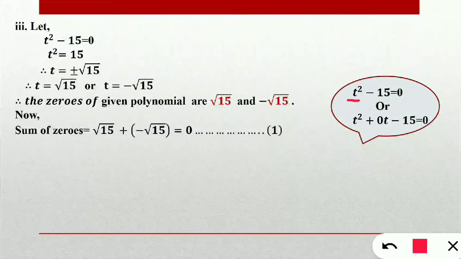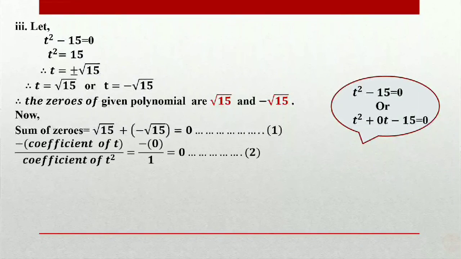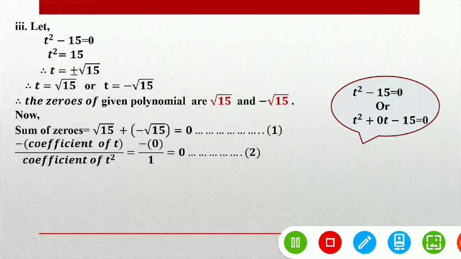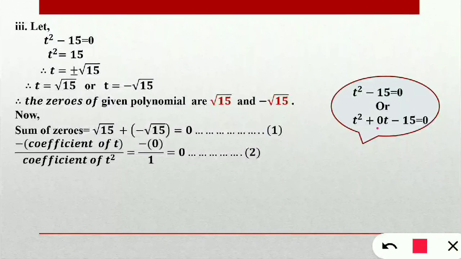Therefore, we can rewrite this polynomial as t square plus 0 into t minus 15, which is equal to 0. Therefore, minus coefficient of t upon coefficient of t square is equal to minus (0 upon 1), which is equal to 0. Give it as equation number 2. Here coefficient of t is 0 and coefficient of t square is 1. That's why we get 0 here.